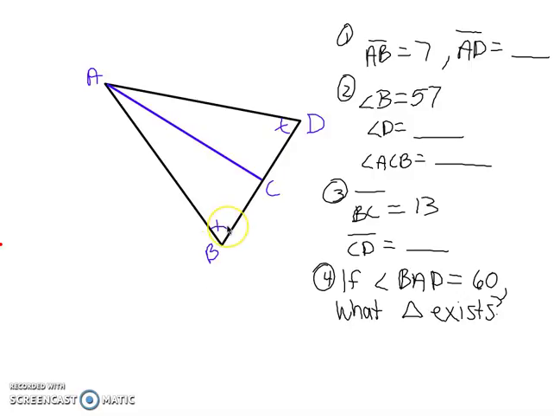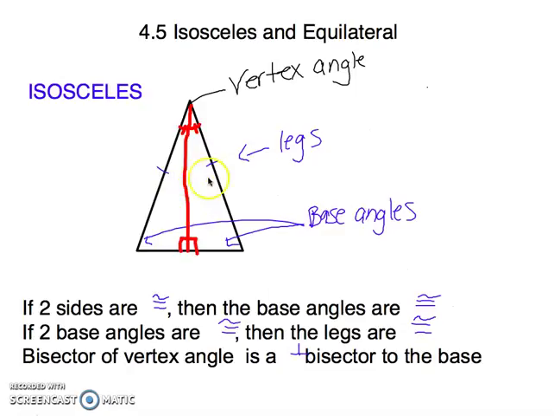So if you think about all those things that I had marked in the picture on the slide, let me go back. So if you look at all these things that we had marked on this slide, I can also mark all of this on the slide that we just looked at because it's an isosceles triangle.